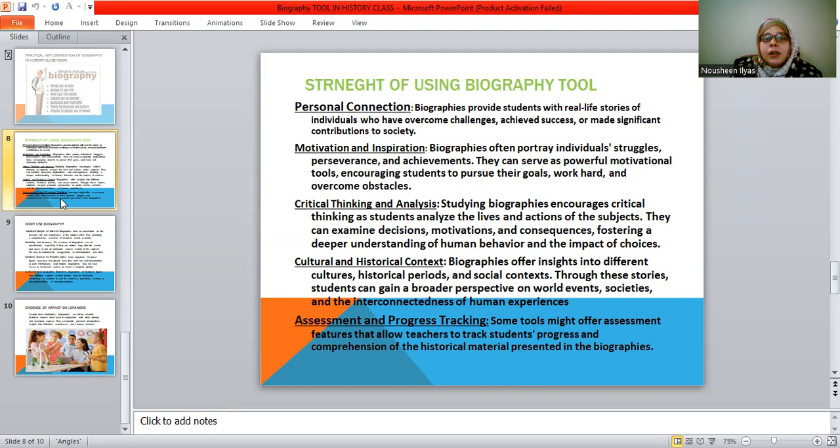So they will be good problem solvers if we use this tool in a proper way.